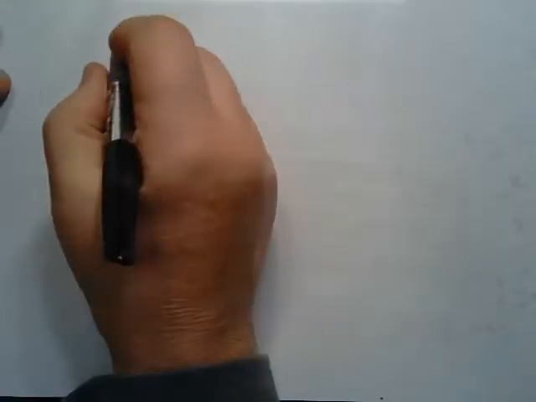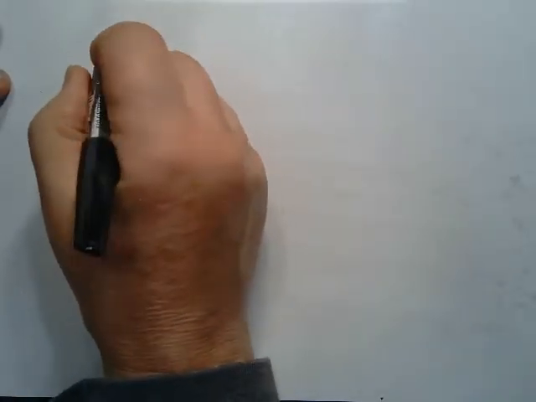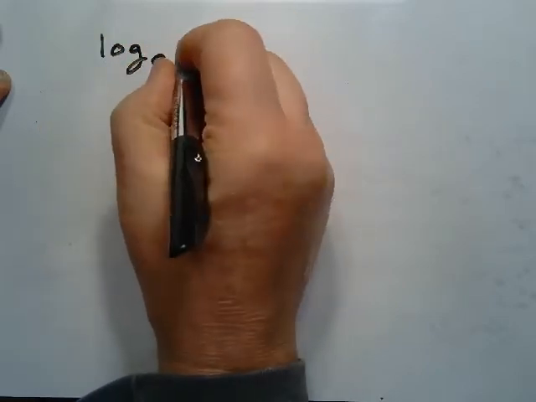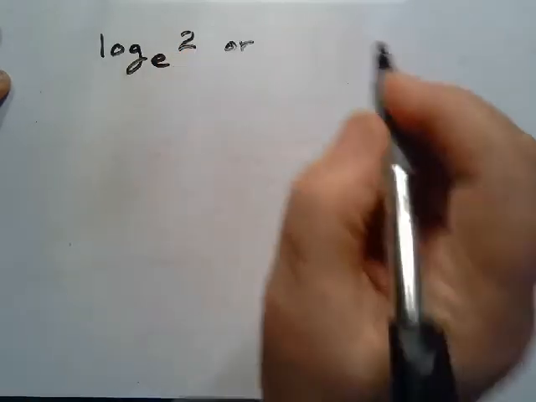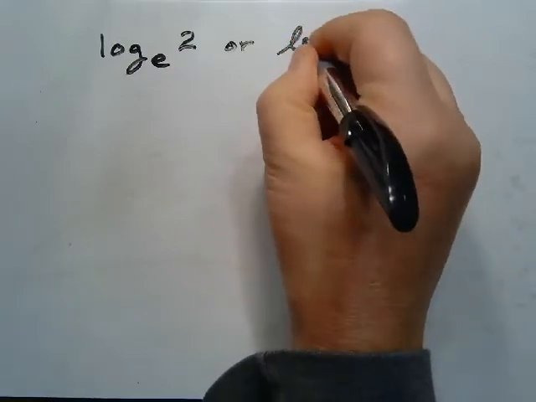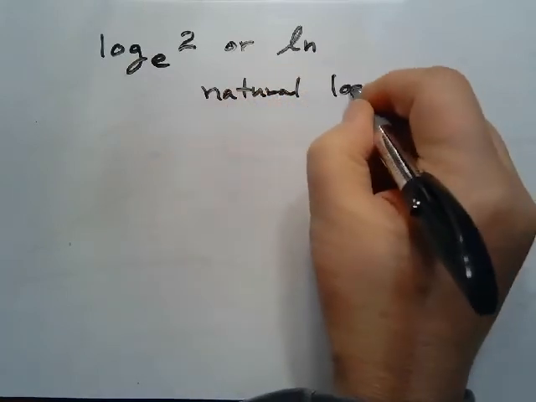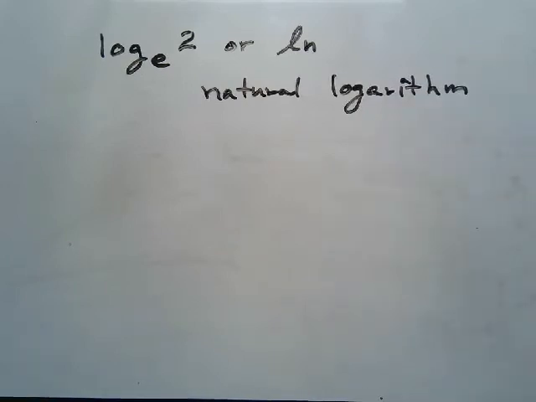One final thing before we move on here is that we're going to be using a new logarithm notation. We could write it log base e of something, let's say 2, but because we're using this base called e, there's another notation which is called the natural log. The reason it's called a natural log is because it occurs naturally in nature, just like pi occurred in nature to deal with circles.